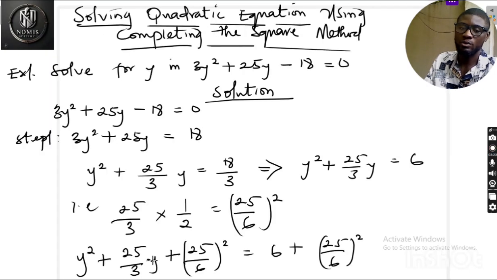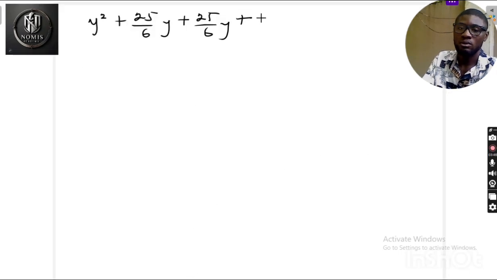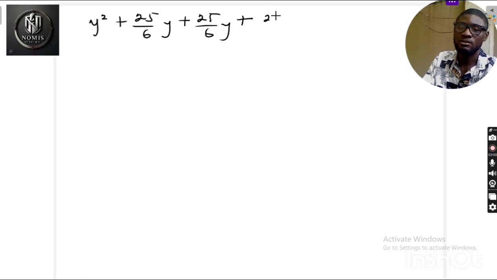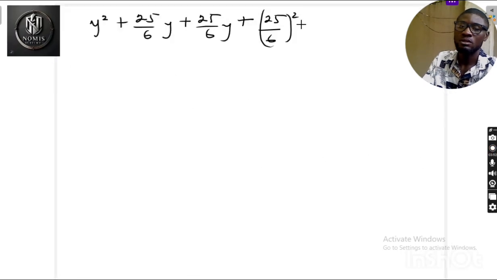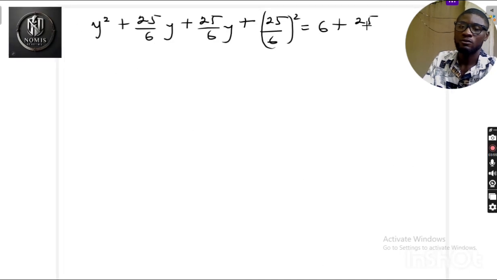I believe you understood how we got this. So I just expounded this 25 over 3y to be 25 over 6y plus 25 over 6y. So if you add this together, you will definitely have 25 over 3y. So plus 25 over 6 squared equal to 6 plus 25 over 6 squared.